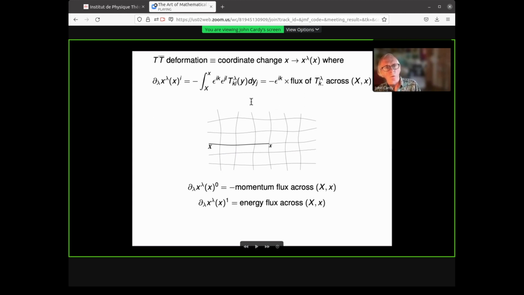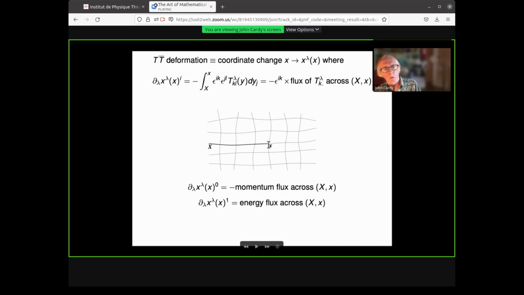And now if you integrate that equation up for how the actual coordinates change, you see that you can write the flow of the change of coordinates in terms of a line integral over the stress tensor. So we have this deformed system of coordinates, which I've indicated here.